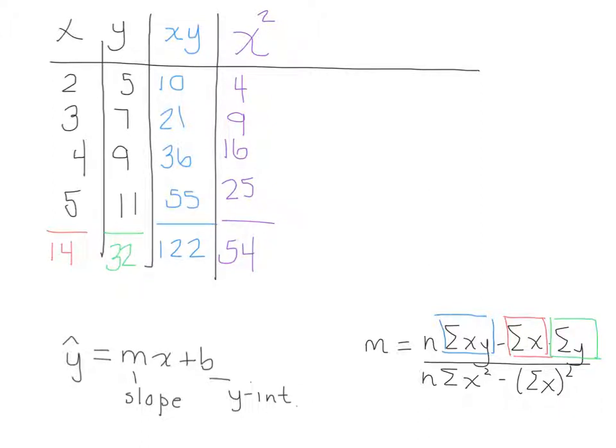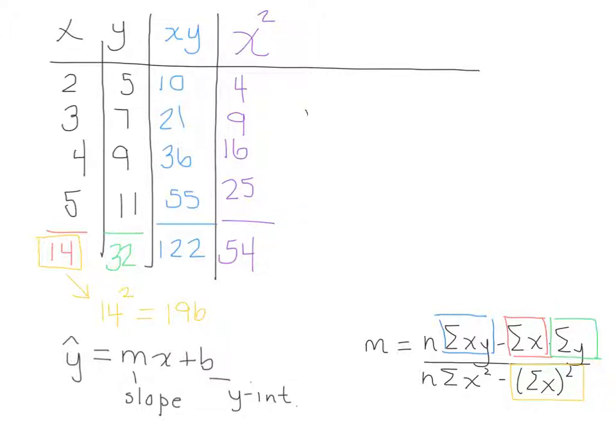And then the last sum that I need is the sum of my x quantity squared. All that basically means is take the sum of my x's, which I previously found to be 14, and square that number. So 14 squared is equal to 196.